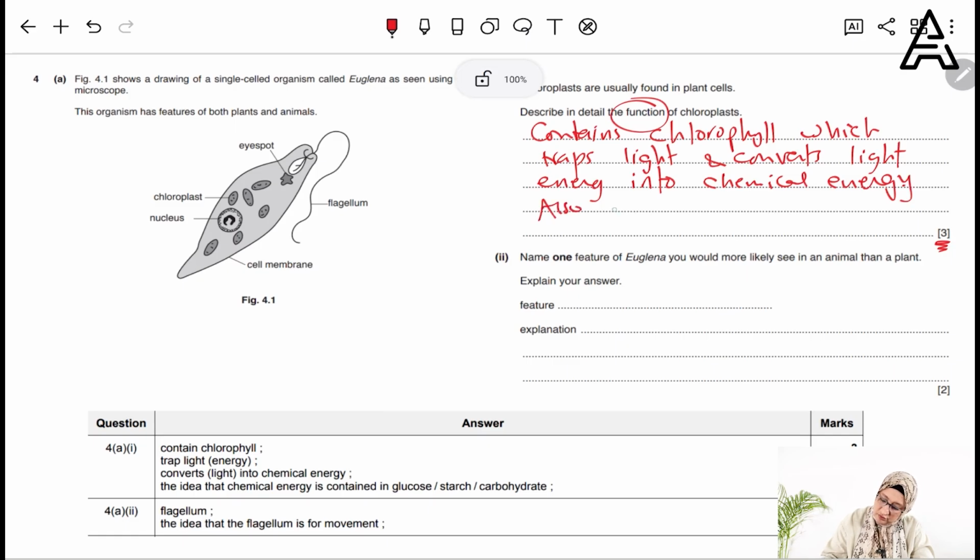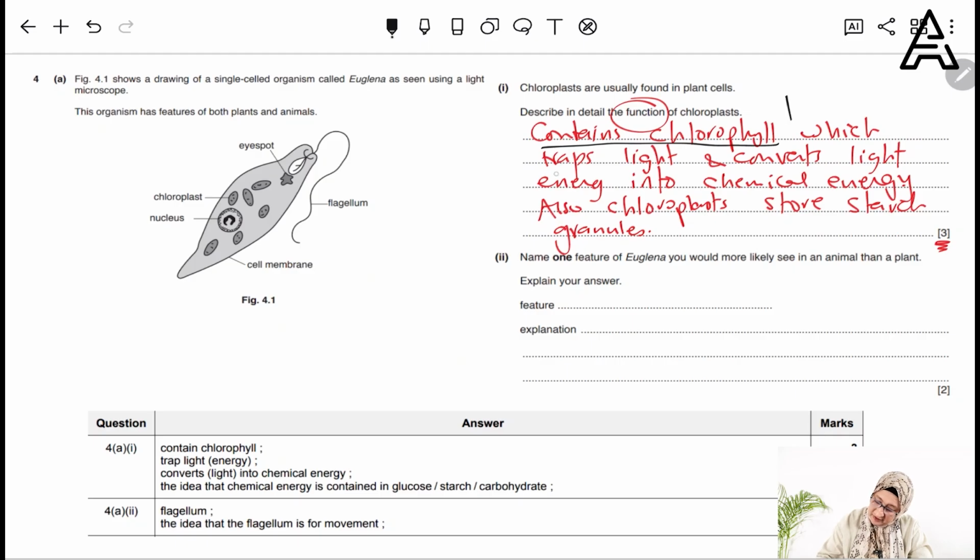Also, chloroplasts store starch granules. Okay, يبقى I'm supposed to be awarded a mark for presence of chlorophyll, function of the chlorophyll, traps sunlight, converted into chemical energy, and storage of starch. This is the 3rd mark.